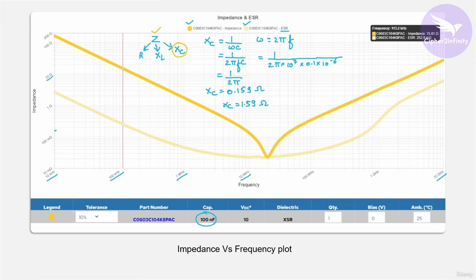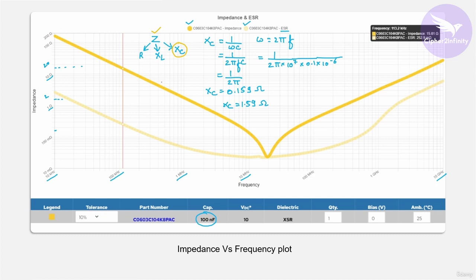This is 10 ohms, so here it will be 20 ohms, so somewhere it will be 15.9 ohms. In the same way, this is 1 ohm, so it's going to be 2 ohms. So we calculated capacitive reactance as 1.59 ohms, so it's going to be somewhere around here.